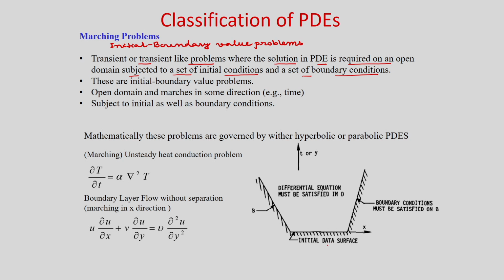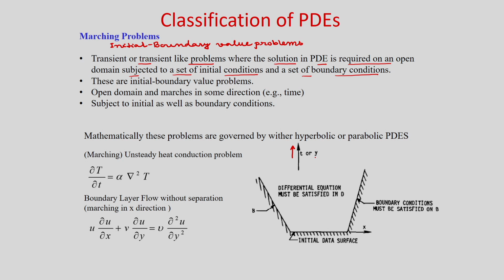Look into this picture. This is some initial data surface where t is equal to 0 and you are marching in time t, if it is a tangent problem or tangent-like problem.